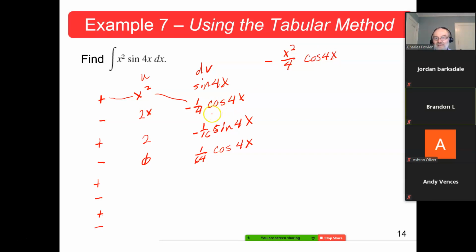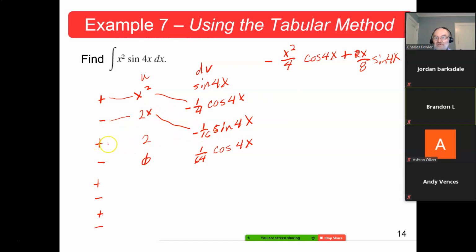Okay, then we're going to have a minus this times that. Well, a minus times a minus is going to be a plus, and then we're going to have a 2x over 16, so that would be x over 8, and that would be then the sine of 4x. Okay, that gets you across like this.